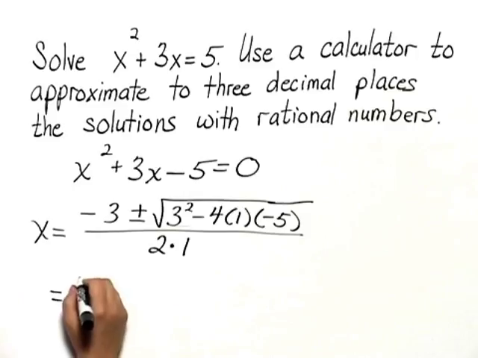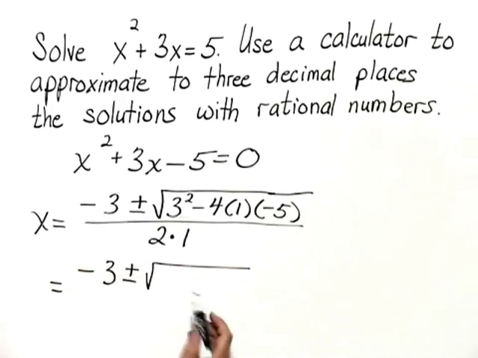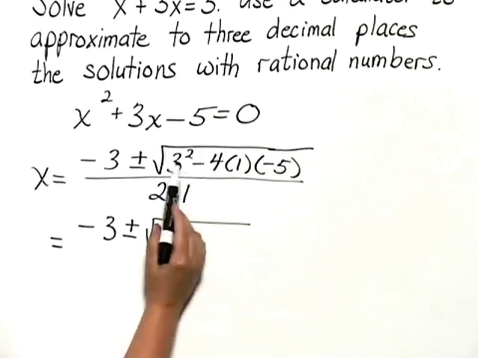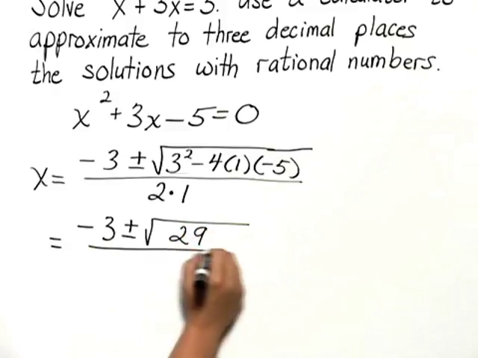Now that simplifies to -3 plus or minus the square root of 9 minus -20, or 9 plus 20, or 29, all over 2.